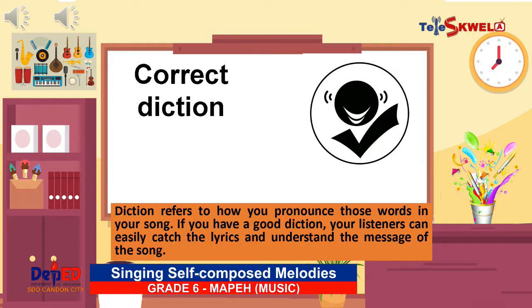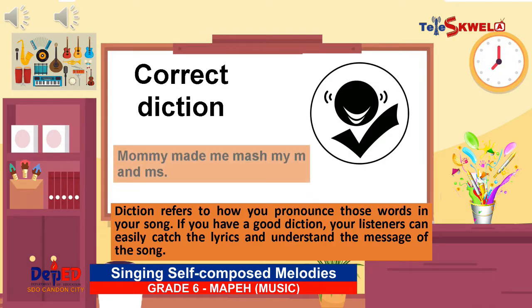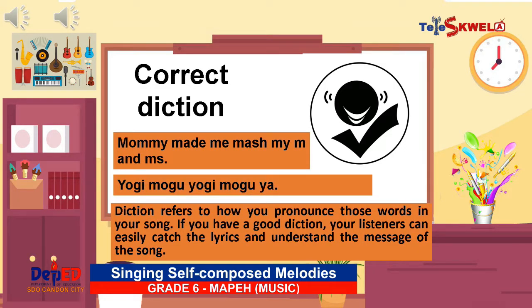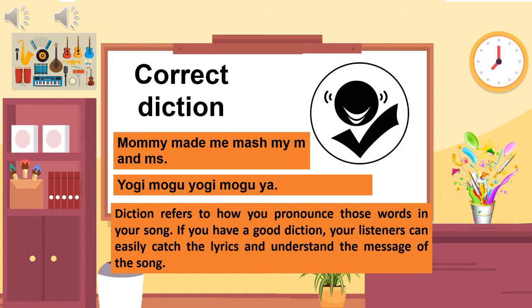Let's have a correct diction exercise. Kids, follow me. Alright? Alright. First one is this. Mommy made me mash my M&Ms. Will you repeat it? Next. Yogi mogu ya. Please repeat it. Alright, let's start with Mommy made me mash my M&Ms.